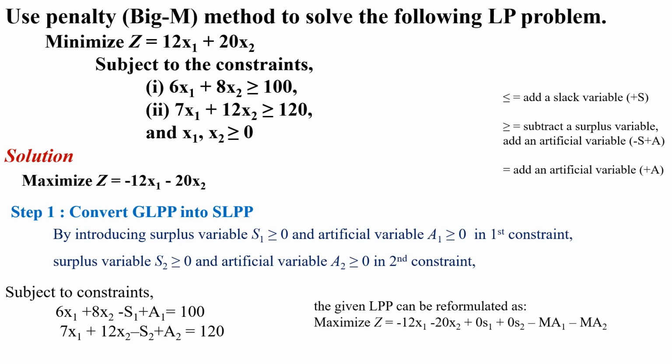Now the objective function is maximize z equal to minus 12x1 minus 20x2 plus 0s1 plus 0s2 minus M a1 minus M a2, and x1, x2, s1, s2, a1, a2 are greater than or equal to 0. Here 0 is the cost coefficient for the surplus variables and minus M is the cost coefficient for the artificial variables.